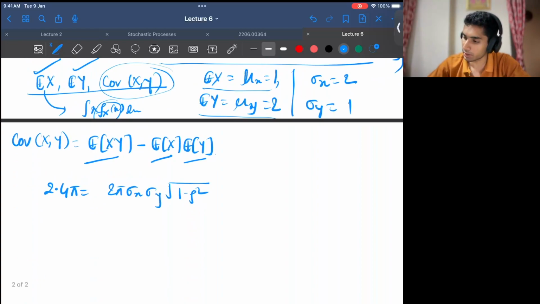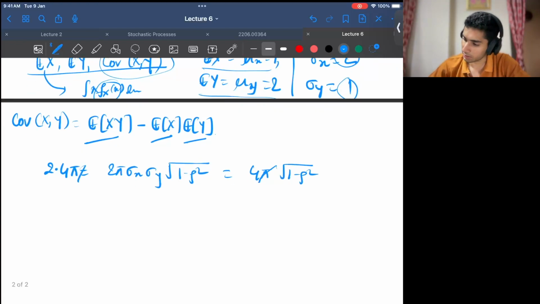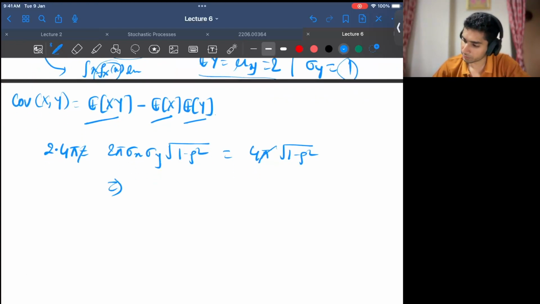Now sigma x sigma y is known to you, which is 2 and 1. So this will become 4 pi square root of 1 minus rho square. Pi gets cancelled, and 1 minus rho square raised to 1 by 2 becomes 2.4 over 4, which is 0.6.